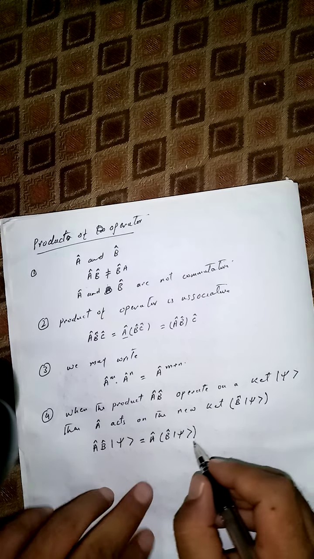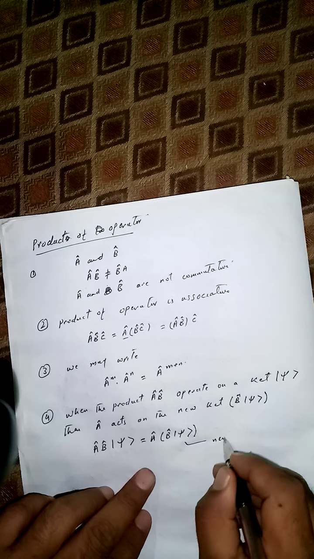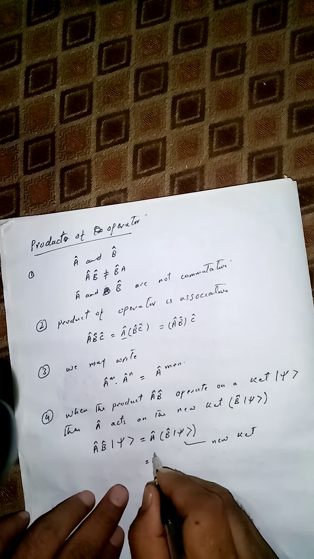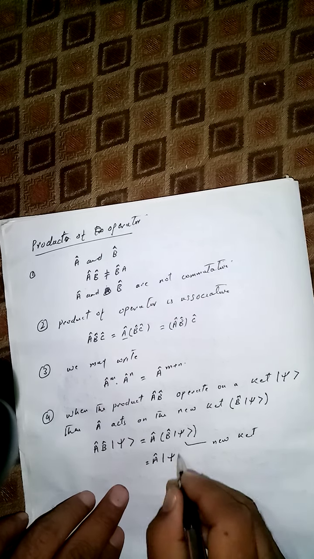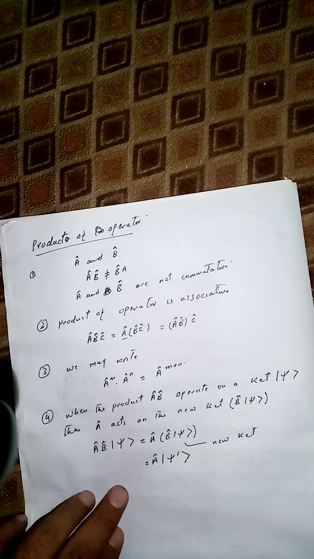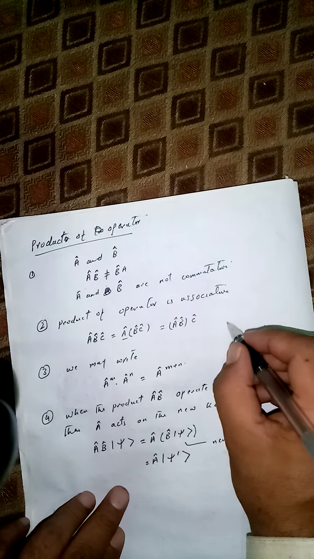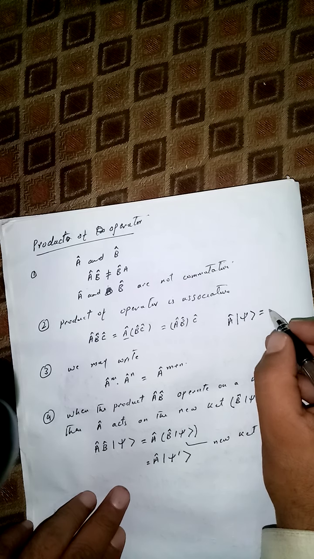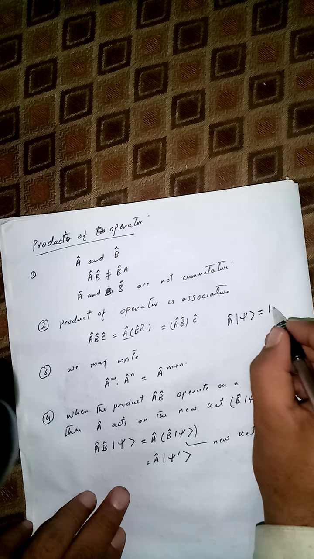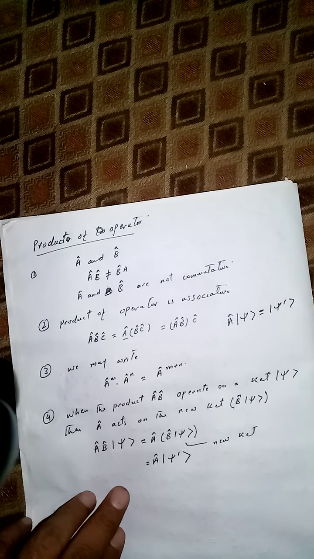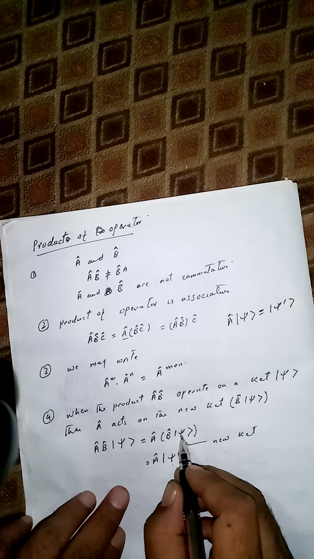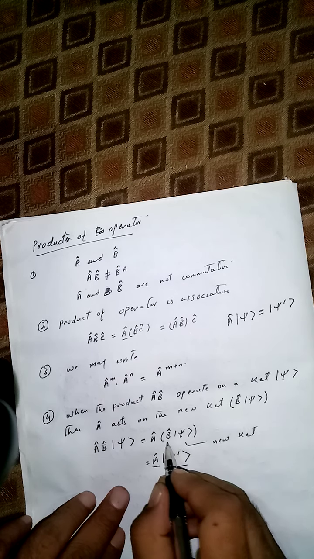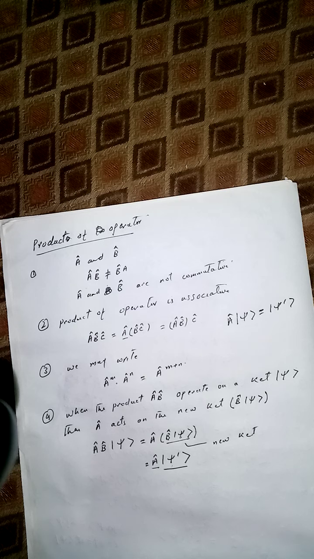Now this is the new ket, because from this we get psi prime by the definition of operator, because an operator operates on a ket and gives a new ket. So B operates on this ket and we get a new ket which is psi prime. So A operates on this new ket.